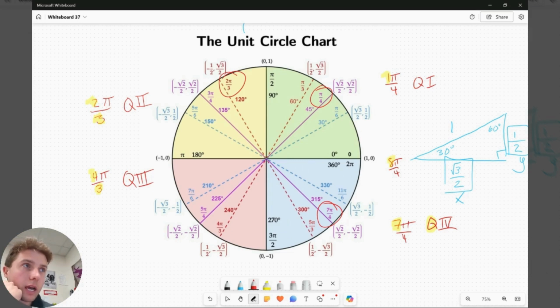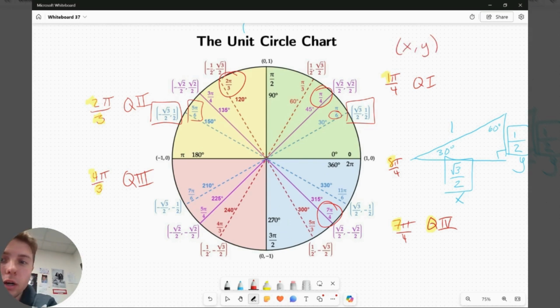It is a weird idea to play around with, but this is how we would get used to learning what quadrants they might be in, because if you know what quadrants they are in, you should know the coordinates. The coordinates for each of the denominators are always the same. Pi over 6, pi over 6, the coordinates are the same. It's just the sign that changes. Remember, based off your quadrants, the coordinates in quadrant 1 are both positive.